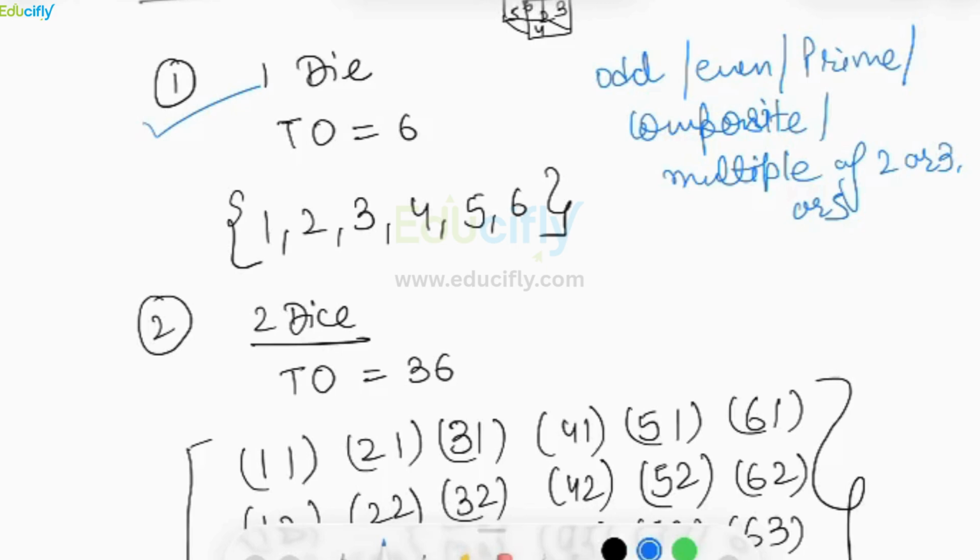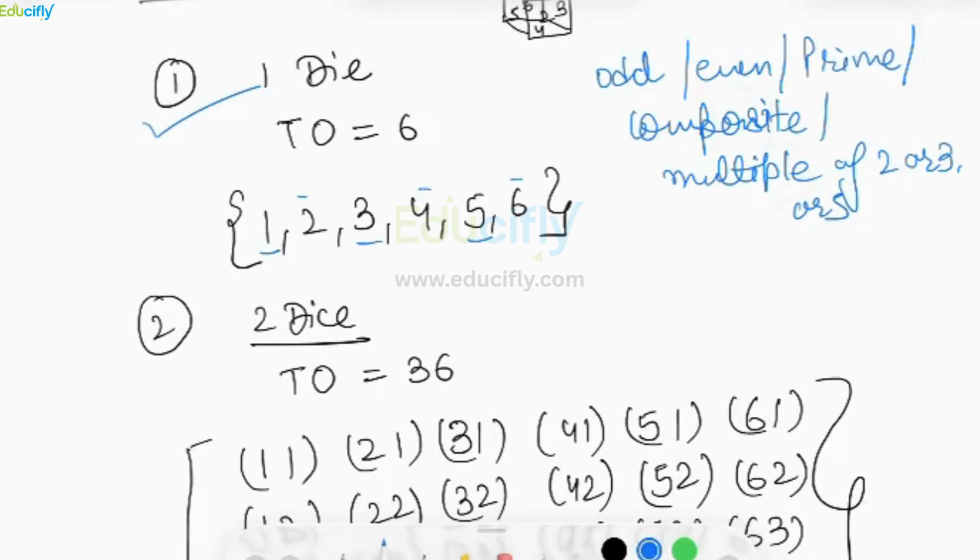So I hope you understand all of these words, right? So what is an odd number? Odd number is not divisible by 2, right? So these are three numbers, correct? So the probability will be 3 over 6. Similarly, the even numbers are these.